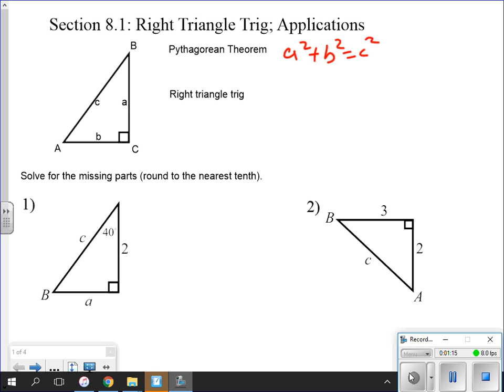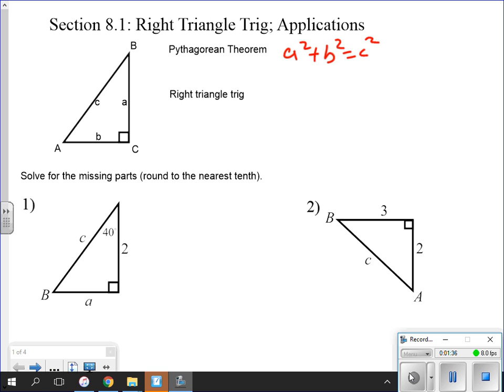The only time that is true is if the thing you're looking for is the hypotenuse. If you're missing one of the two legs, and yes, triangles have legs, you're not going to add the two numbers squared and then take the square root. That is the most common error students make.